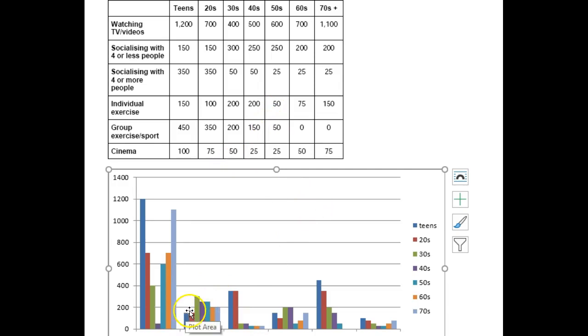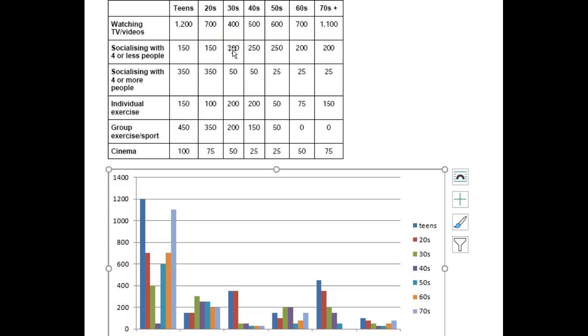Okay, so you could say if you're talking about the socializing for people, socializing with 4 people or less, you could write a sentence like this. You could say that people in their 30s spent 300 hours socializing with 4 or fewer people.